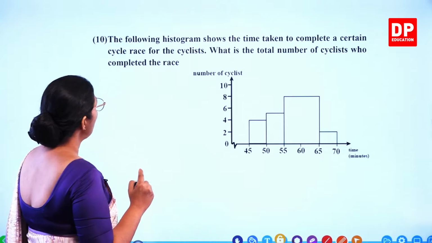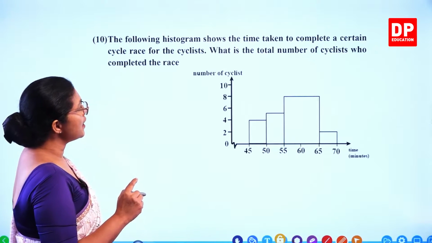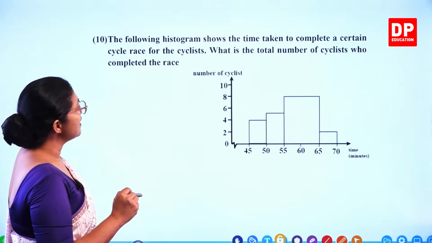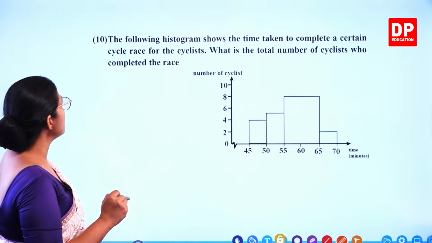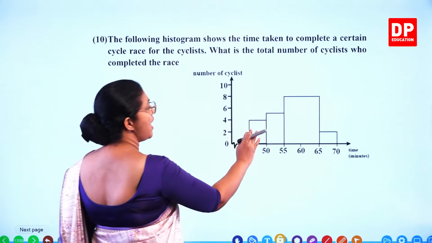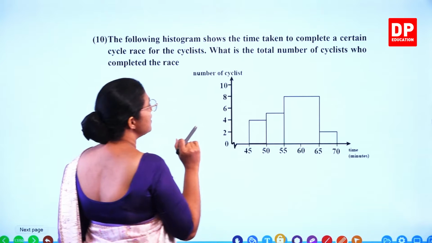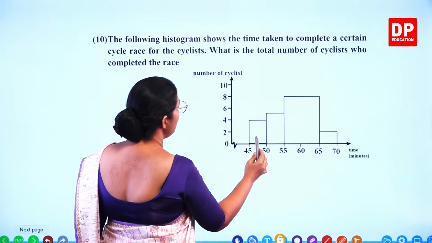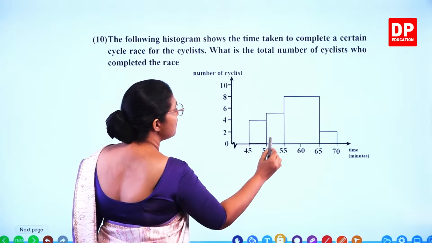Question number 10. The following histogram shows the time taken to complete a certain cycle race for the cyclists. What is the total number of cyclists who completed the race? So in a histogram, area equals the number of cyclists. So here you can get, now this is 5.